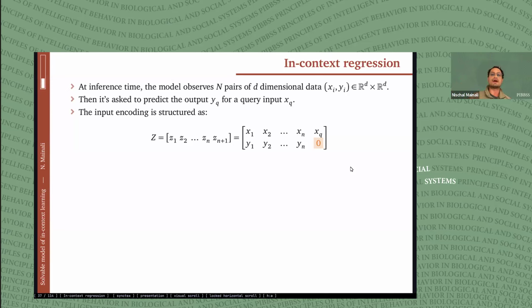And at the end, we're going to ask the model xq. And for the yq, which we want the model to predict, we're just going to give it a 0 so that it has to fill in that value. What should be the value? The output of this model should fill in the 0 with what should be the yq, the true relationship.